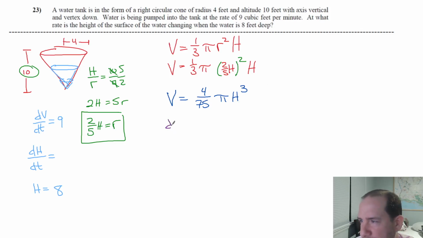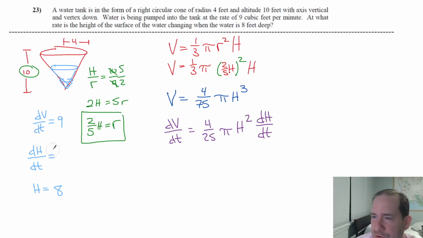So this is going to be dV/dt that equals 4/25 times pi times h squared times dh/dt. Okay, so substituting in, dV/dt we know is 9. Then you've got a 4/25 times a pi times an h that is equal to 8 times a dh/dt.